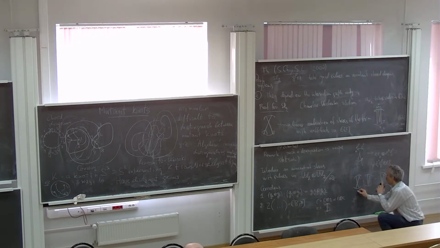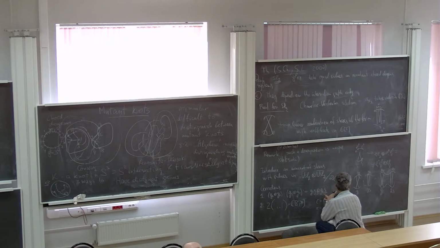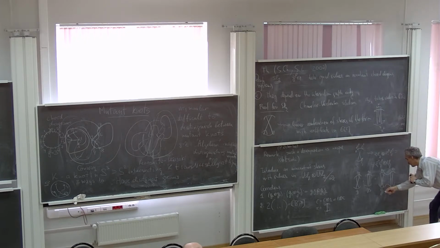So if you have G1, G2, G3, G4, we multiply in the following way: G1, G3, G4, G2. So we multiply this one by that one, and then the other copy is this one by that one.